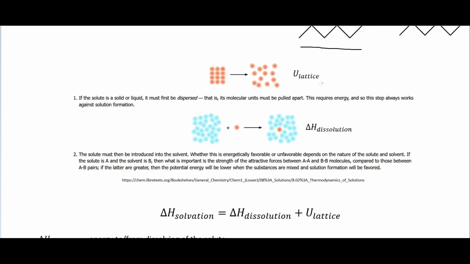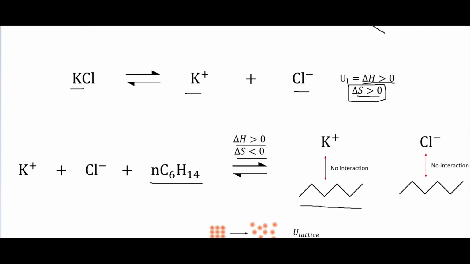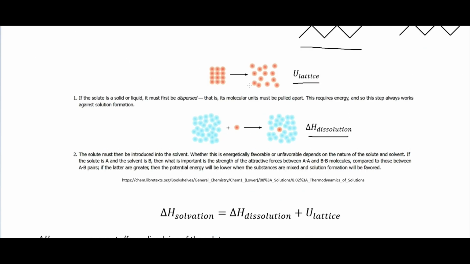So we have what's called the lattice energy here, and then the heat of dissolution. So those are the things that I've been looking at up here. This is our lattice energy here. And so the lattice energy is the energy we need to put in to break up this crystal here. And then the heat of dissolution is we have the solvent here and then our solute, and then we want to mix those together.